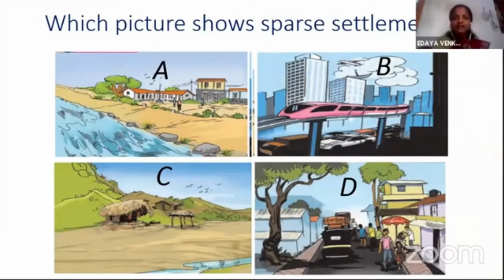In D, there are more people than A, and in B, there is a lot of population, the maximum. So the answer is C. We can see very sparse population or settlements in picture C. Next question is, which picture shows agriculture?